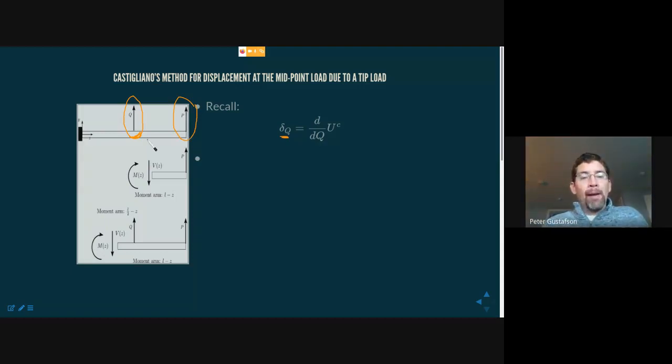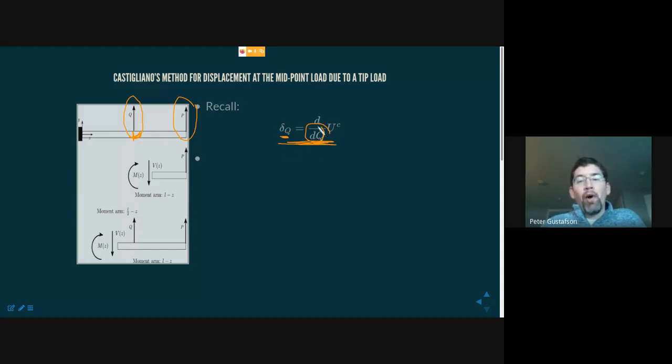In fact, it's quite common that we know the load is going to be applied at one point, but we want to know the deflection elsewhere. So in that sense, I want to know it here. To use Castigliano's method, I need to take a derivative with respect to a load at that point.